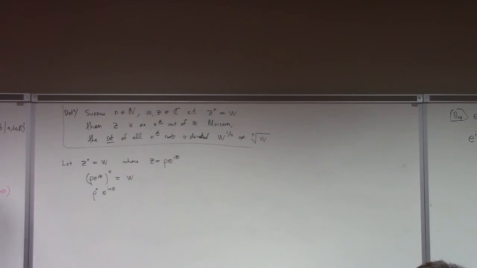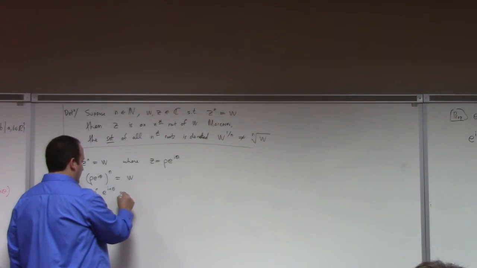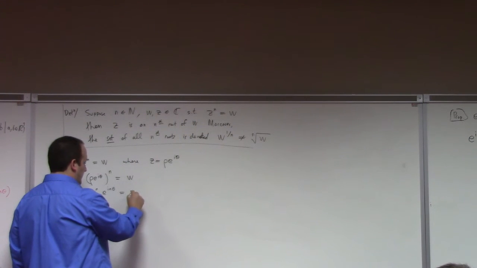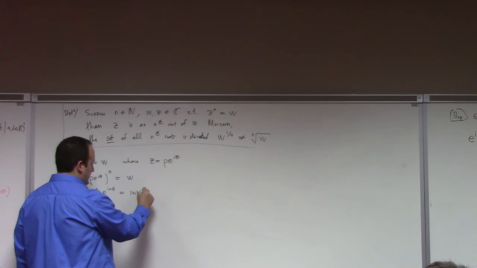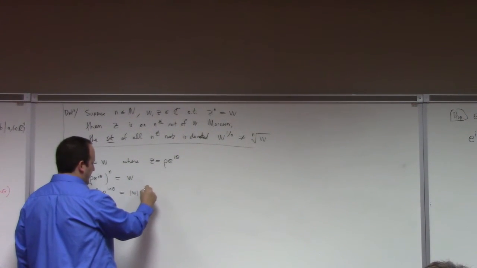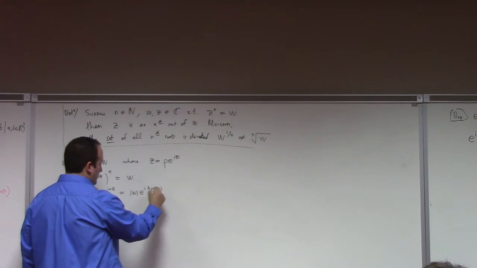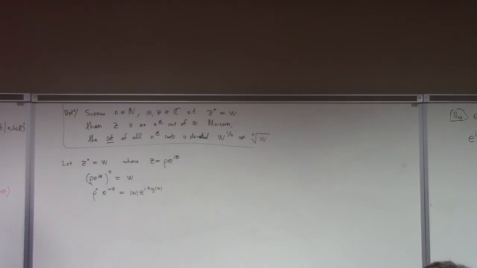equals w, right? But let me write w out a little bit more specifically. w is equal to the modulus of w times e to the, let's just be specific, i arg of w. That's just a choice on my part. How do you solve such an equation? You have two vectors written in terms of their magnitude and direction. The direction is actually given by the imaginary exponential.